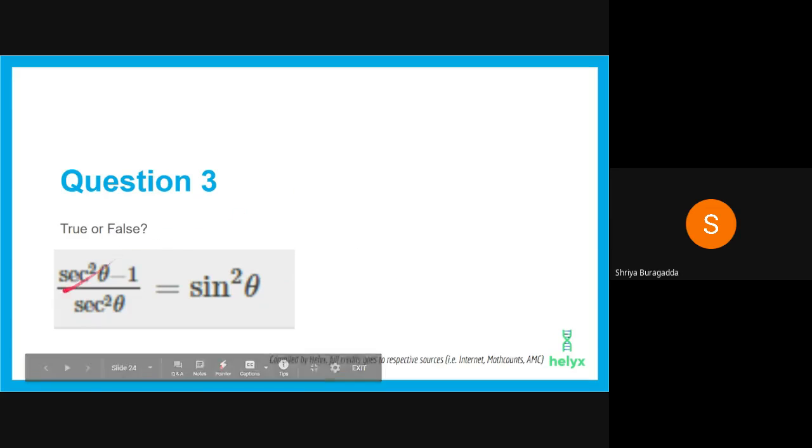Okay, question 3. Is this true or false? The secant squared of theta minus 1 over the secant squared of theta is equal to sine squared theta.